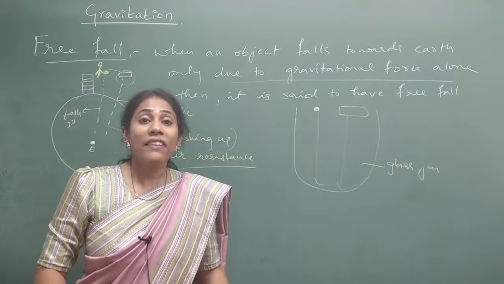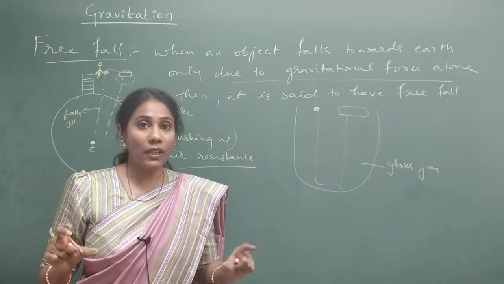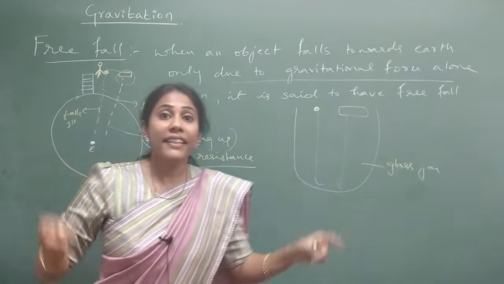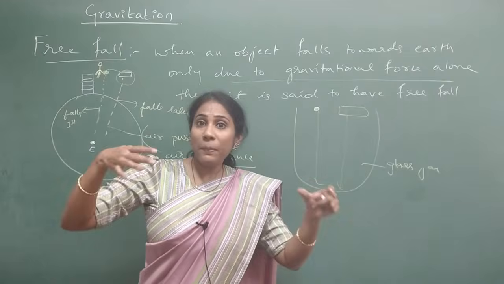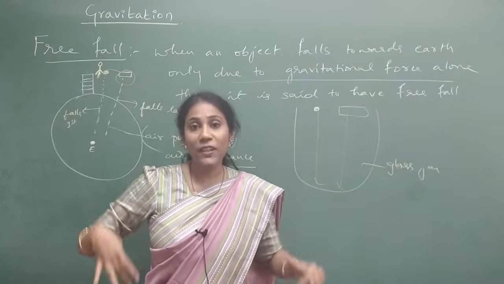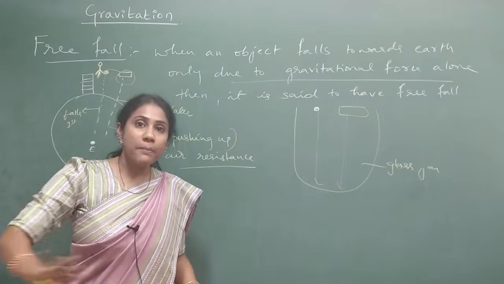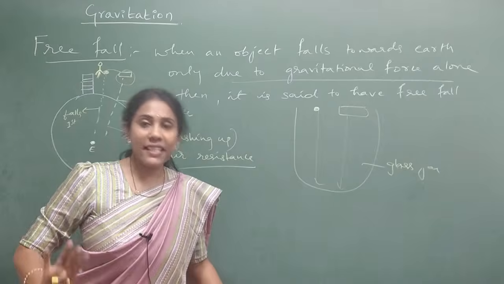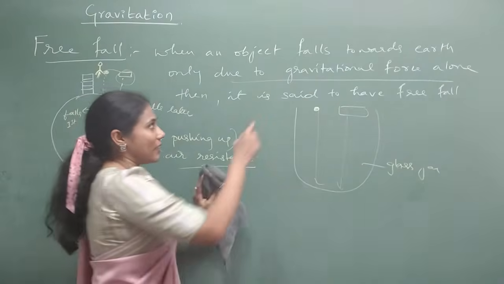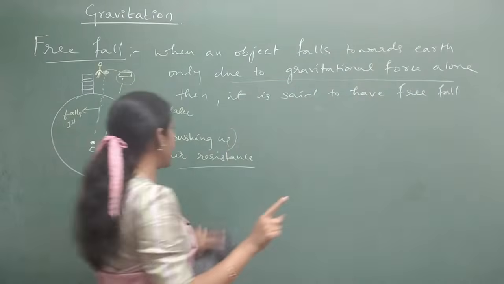When the objects are only attracted by gravitational pull, with no air resistance, then irrespective of the mass or the size, both of them reach the earth with the same speed, at the same time. This free falling of an object only under the influence of gravitational force is called free fall.